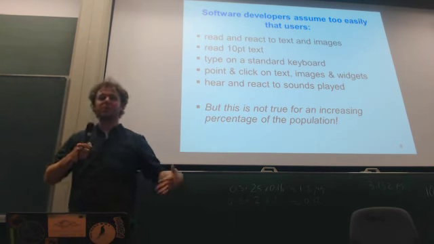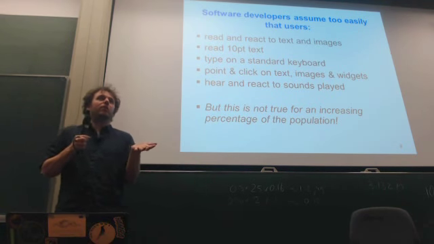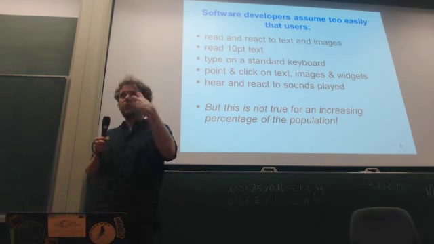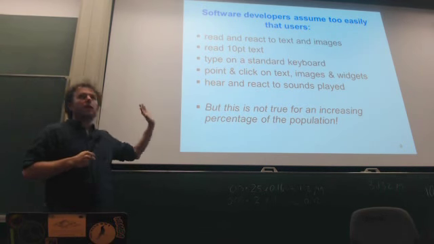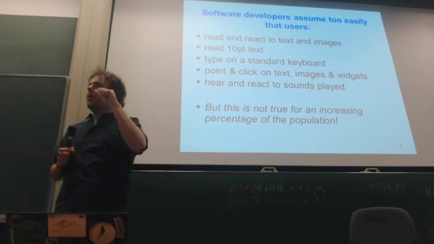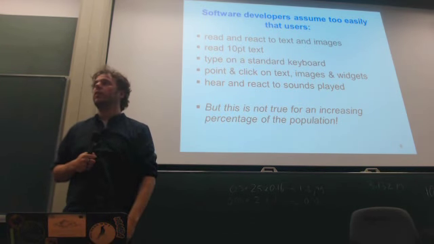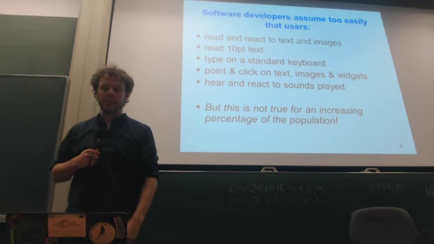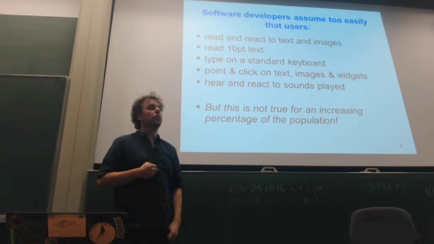So we know that we're all different, and we know that there are people that don't easily read or are able to perceive things that for a majority is very easy. For example, not everybody reads small point text very easily, or is able to interpret and read images quickly. Not everybody uses standard input-output devices, for example, keyboard and mouse.